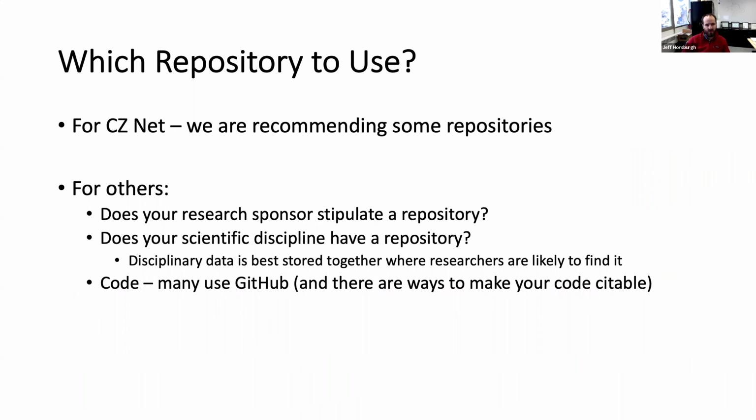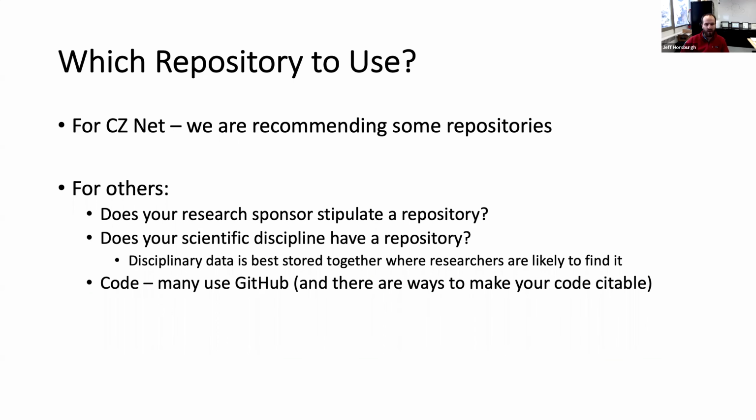But for others who may be working for other projects or on other work, things to think about are like, does your research sponsor require that you put your data in a specific repository? That does happen sometimes. Does your specific scientific discipline have a repository? So like if you're working in hydrology, a lot of people are using HydroShare. It's discipline specific.